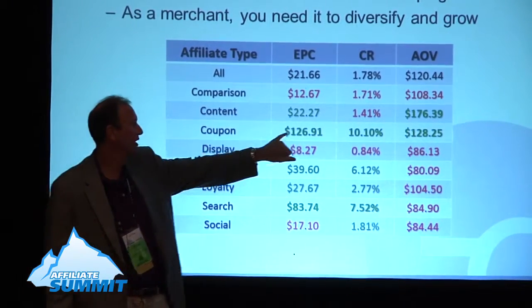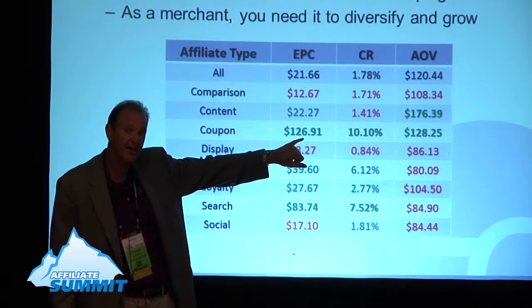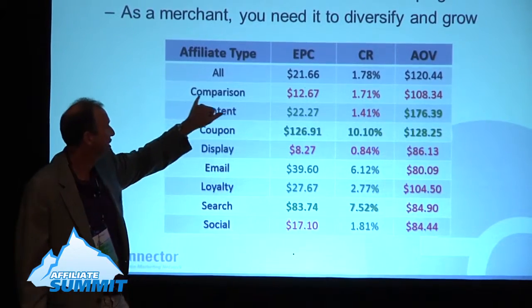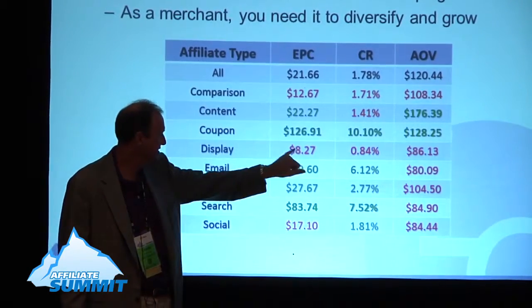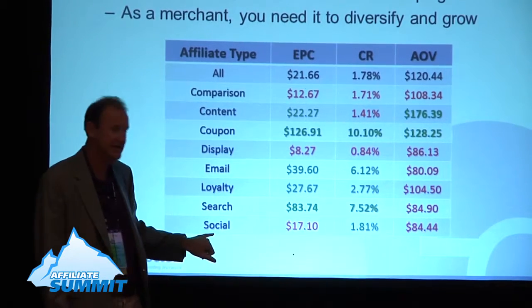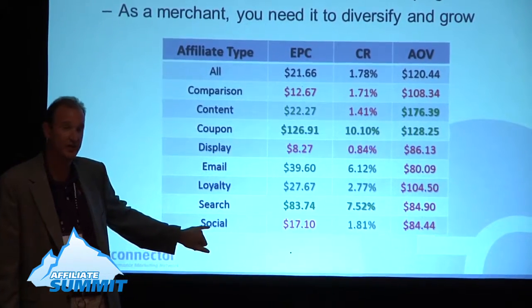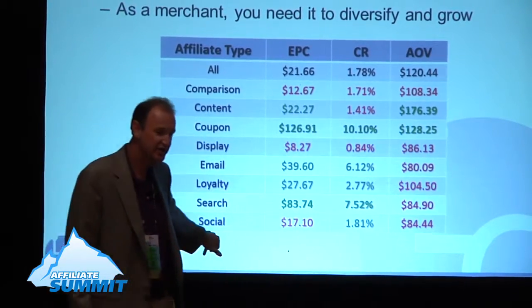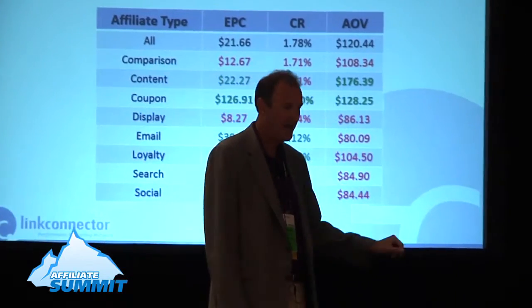I have all coupon affiliates. Well, yeah, they make a lot of money. So I need to understand these various metrics, social space. These guys aren't making any money. Well, that's the reason. So what can I do to work with these guys to empower them to make more money? That's a really good look at a deeper look at this metric to diversify.